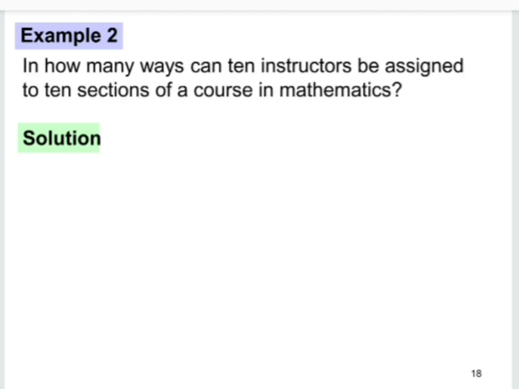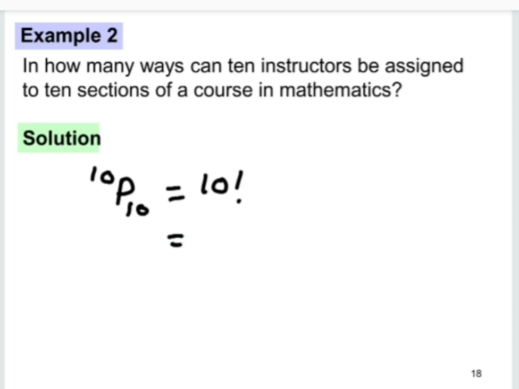Let's look at example 2. In how many ways can 10 instructors be assigned into 10 sections of a course in mathematics? We have 10 instructors, so to arrange them into 10 sections, we use the formula 10P10, which equals 10 factorial.